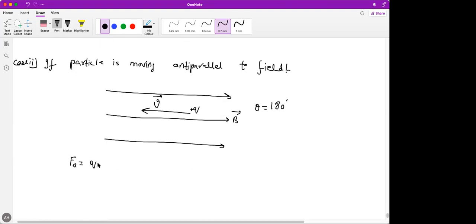So that's QVB sine 180. What's the value of sine 180? Sine 0 and sine 180 both are 0. So the magnetic force will come out to be 0. This is the force on the charged particle, QVB sine 180, which is equal to 0.